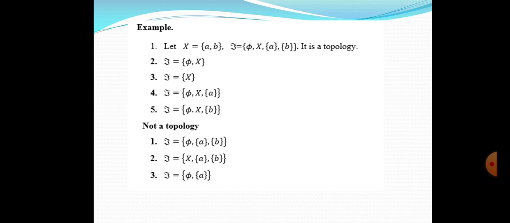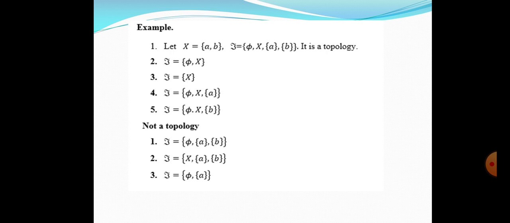Next, the ones that are not topologies. Example number 1, tau equal to empty, singleton set A, singleton set B. It is not a topology. First we have to check the first property: empty and the whole set belong to tau.